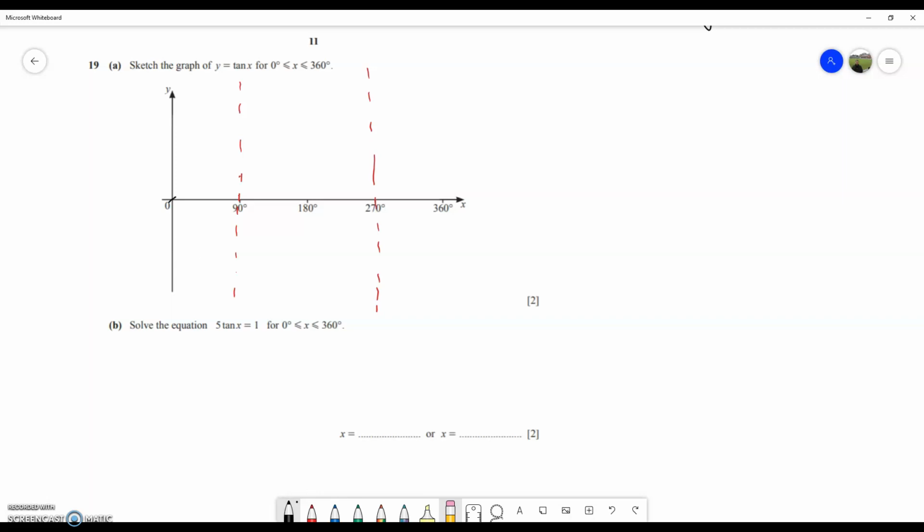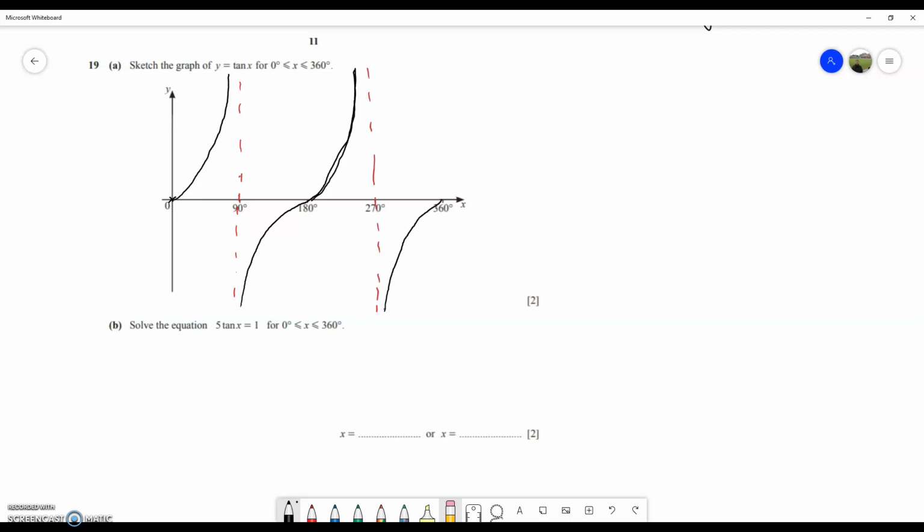So again, making sure we start at 0, 0, going all the way up to our extreme limit, and then our point of inflection at 180, and then trying to get that curve nice and smooth, and doing the same there as well.